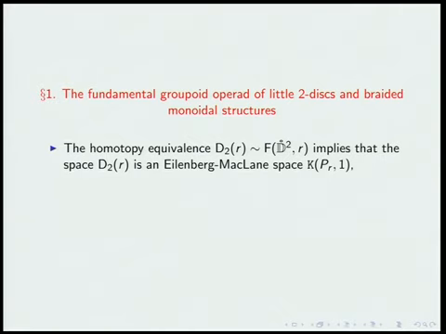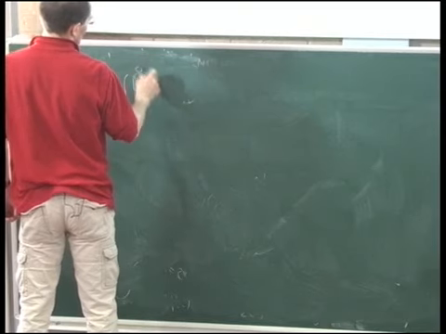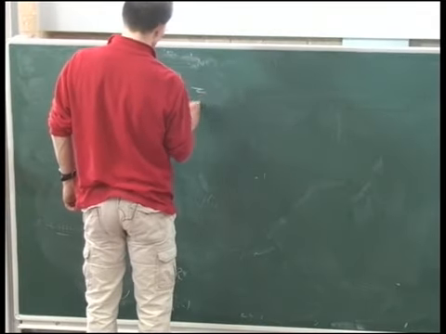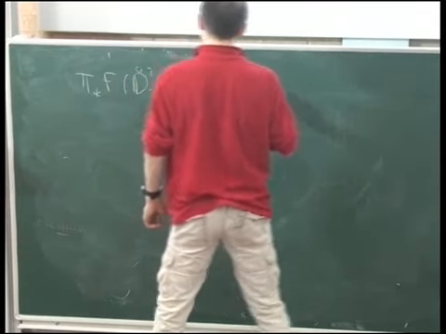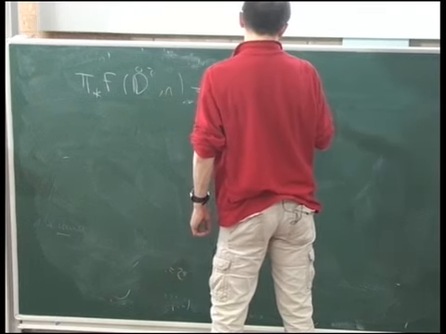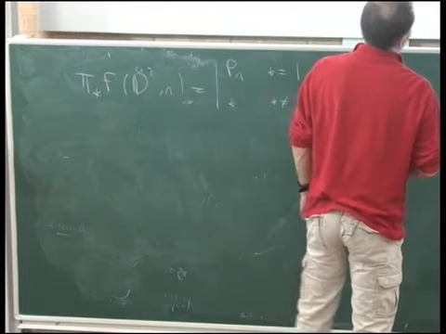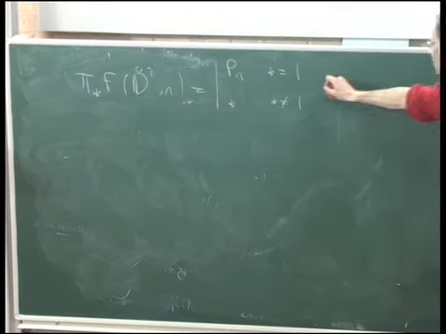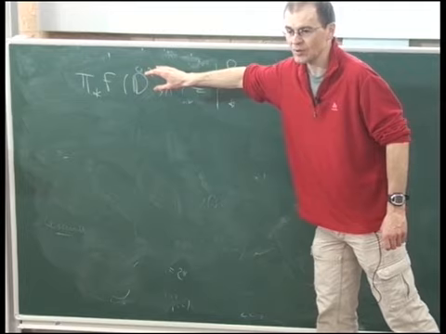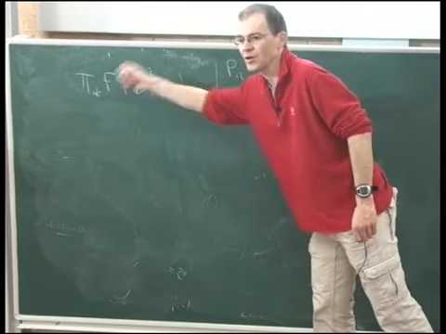The homotopy of this space is known: the homotopy group of this space is the pure braid group P_r if the degree is 1, and the trivial group otherwise. So this means that these conditions completely characterize this space. Any space which has these homotopy groups is homotopy equivalent to the configuration space.